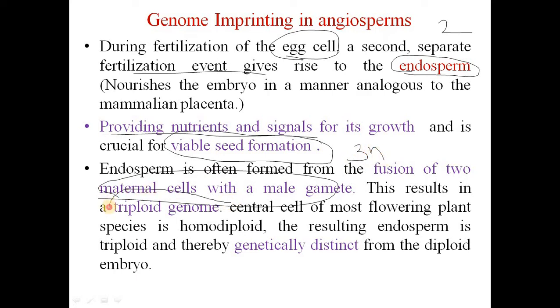In flowering plants, the central cell is homodiploid and the resulting endosperm is triploid, which is why it is genetically distinct from the diploid embryo. The first male gamete fuses with the egg cell and forms the embryo, which is diploid, but the endosperm is triploid.